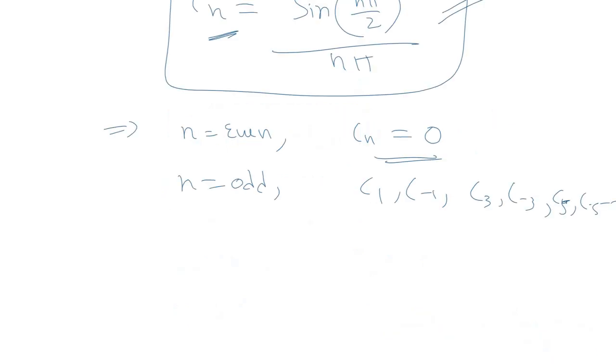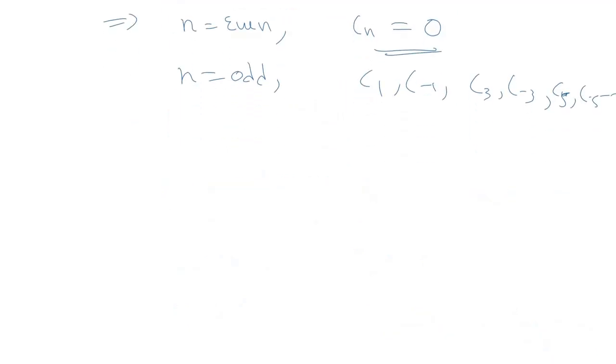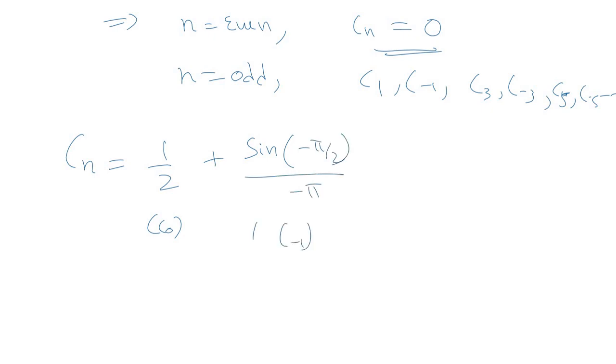Hence, if we write down the composite expression of c of n consisting of all the available components, then one is c0, that is 1 by 2, this is your c0th element. Then c minus 1 will also be present, that will be sine of minus pi by 2 divided by minus pi, this will be c of minus 1. Then when we substitute n is equal to 1, we get sine of pi by 2 divided by pi, this is c1 coefficient, right?